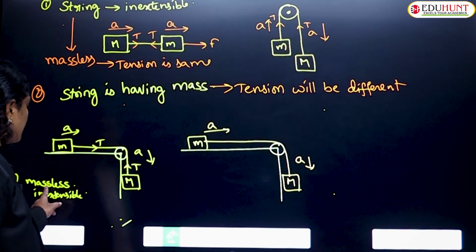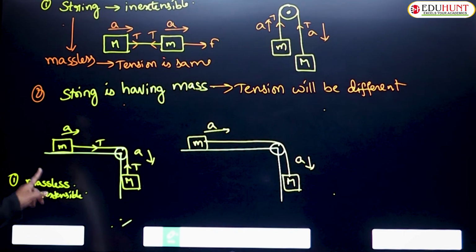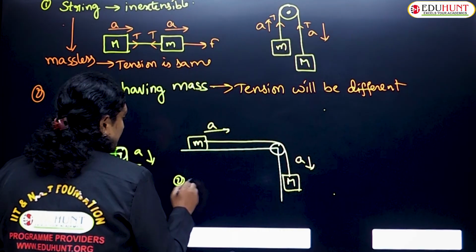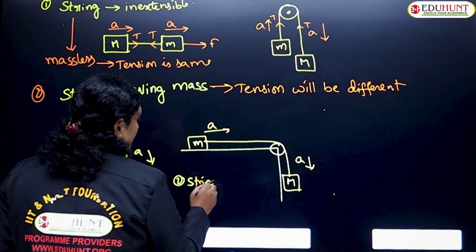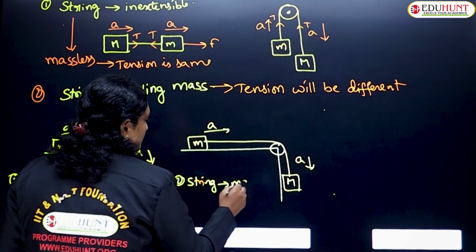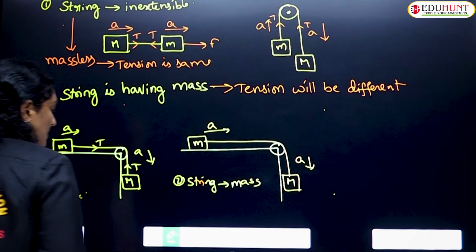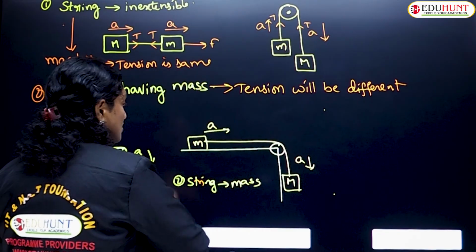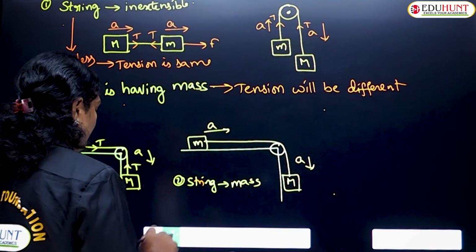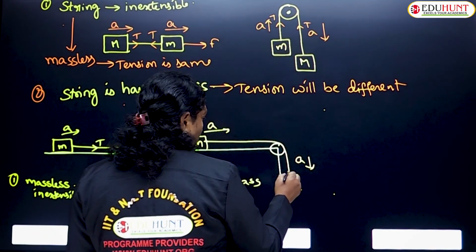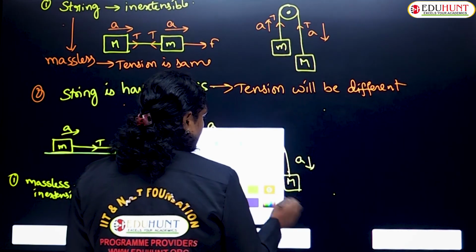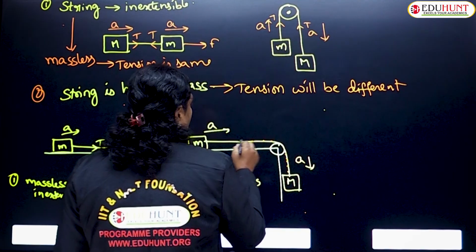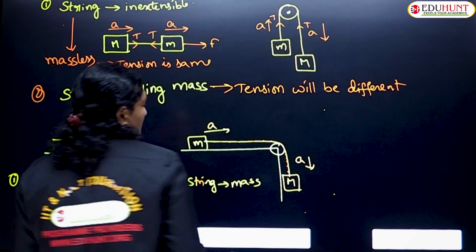But in the first example I considered the string as massless. Now in the second example, the string is having some mass, so the tension in the string must be different. Here, here, here, here, at each and every point the tension will be different.